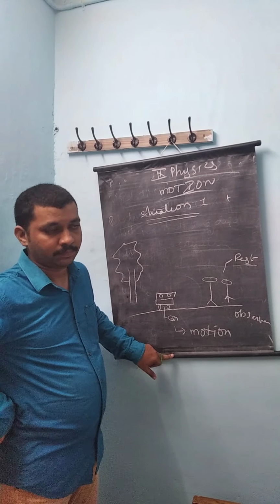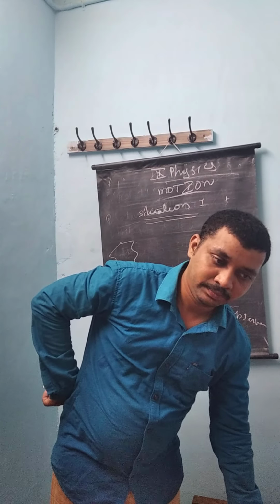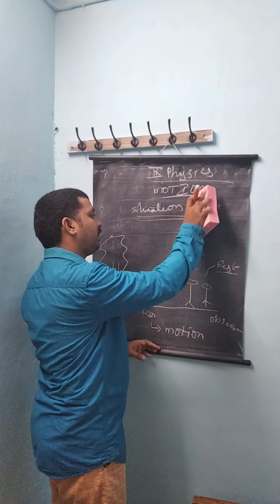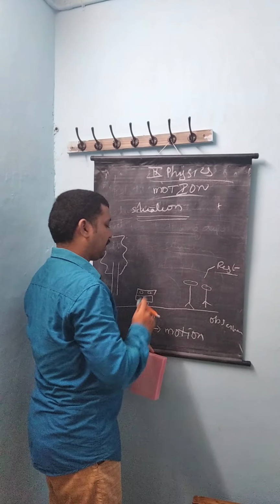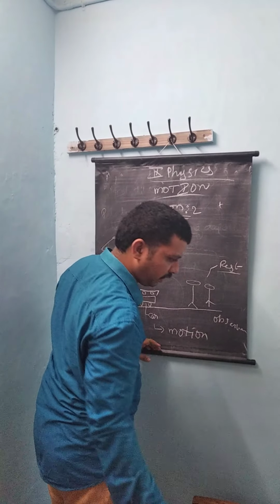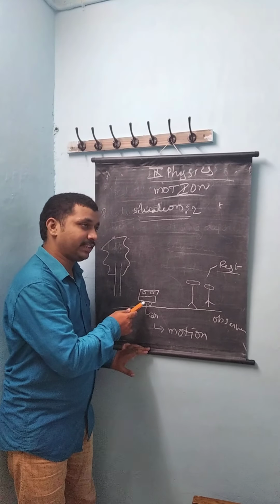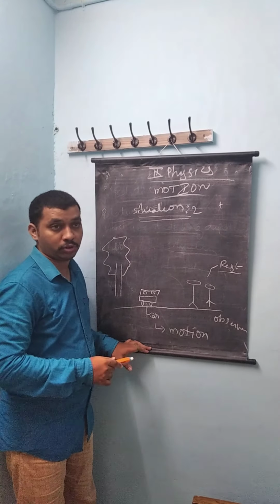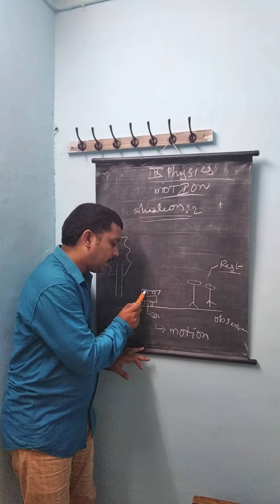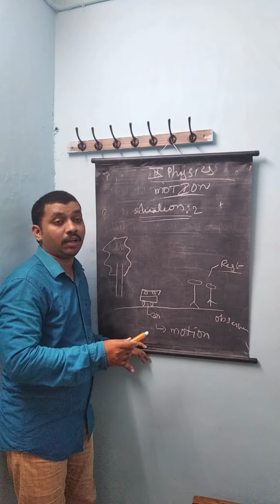Okay, students. Now let's consider one more situation. Here the same situation is observed with respect to the car. Situation 2. In the previous situation we discussed that the car is in motion. Now, with respect to the passenger and the driver, what is the position of the observers?